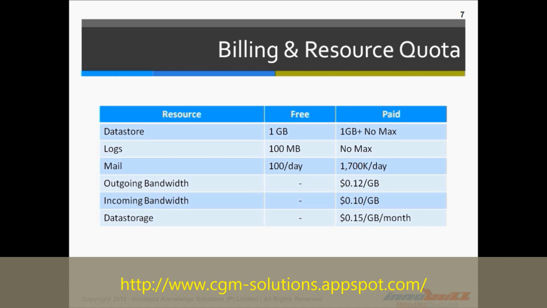If you go for the paid account, you can send 1700K per day. The outgoing and incoming bandwidth for paid services is very low. Outgoing bandwidth is $0.12 per gigabyte, whereas incoming bandwidth is $0.10 per gigabyte. For data storage on paid accounts, it's only $0.15 per gigabyte per month.